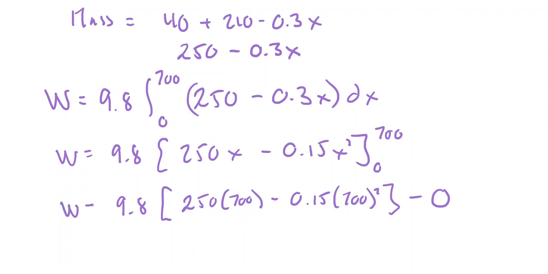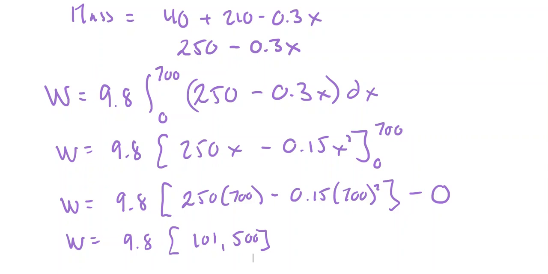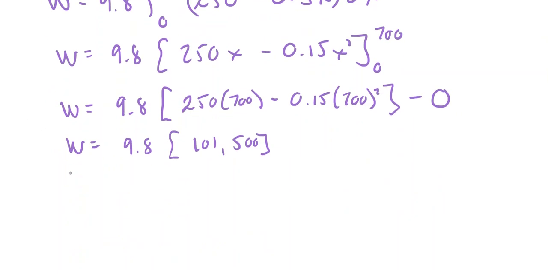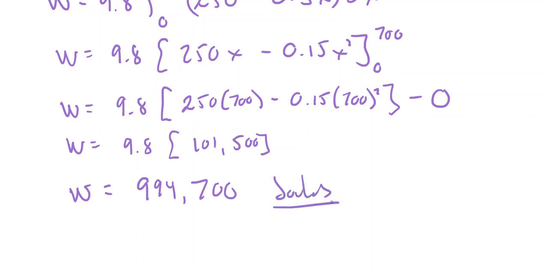Work is going to be equal to 9.8 times 101,500, and then multiplying by 9.8, we end up with the total amount of work being done is 994,700, and I believe that would be joules. All right, and that is the bucket problem.